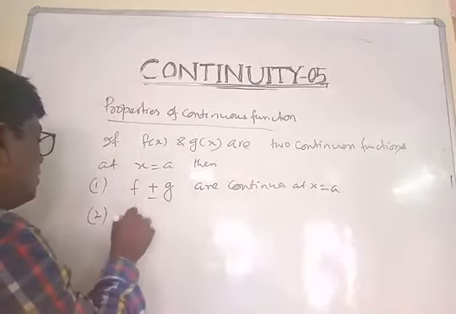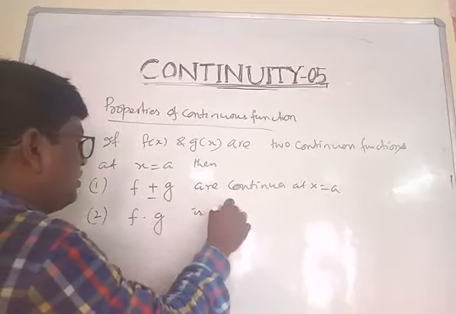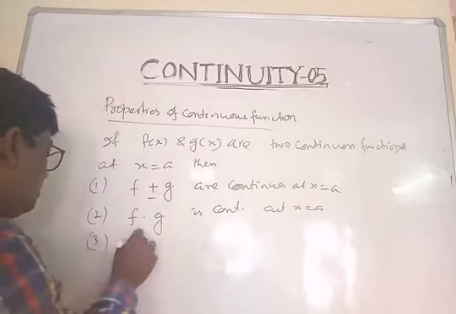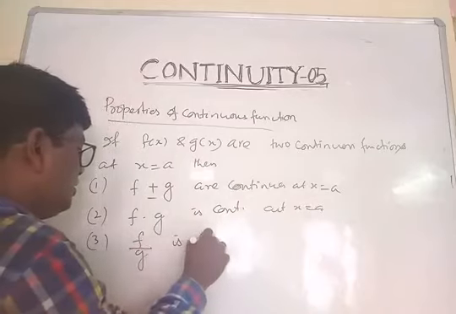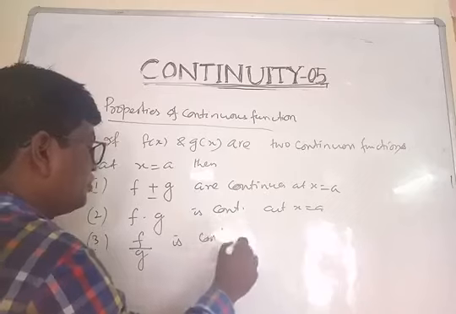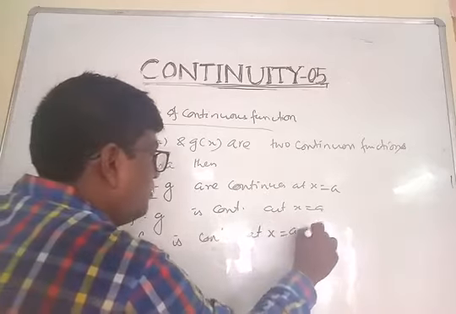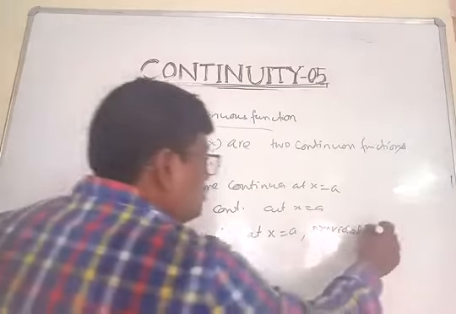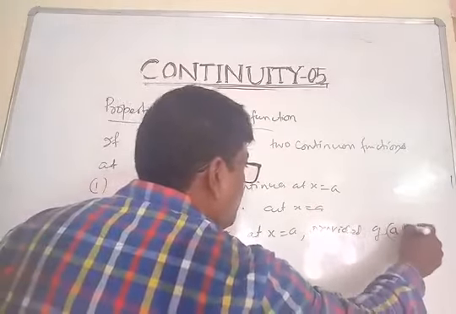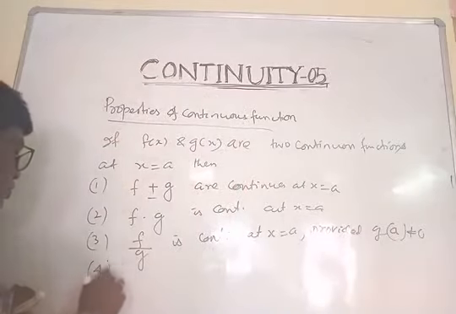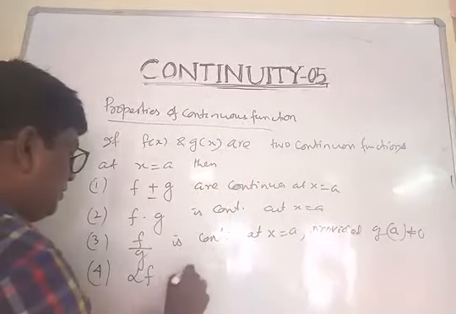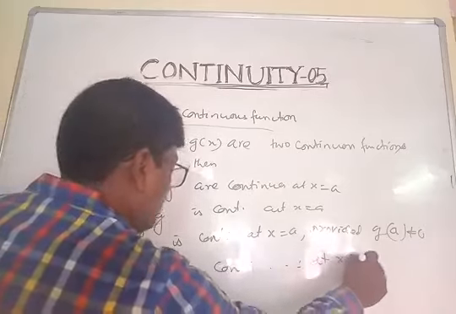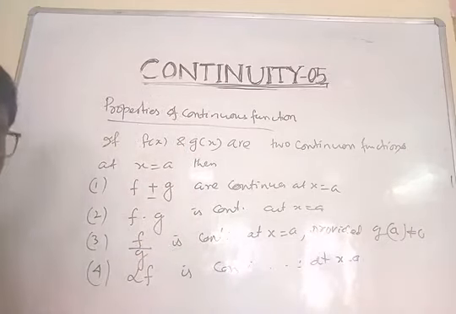Number 2, f into g is continuous at x is equal to a. Number 3, f by g is continuous at x is equal to a, provided g of a is not equal to 0. Number 4, alpha into f is continuous at x is equal to a. Clear?